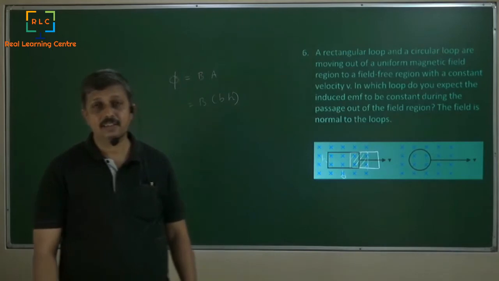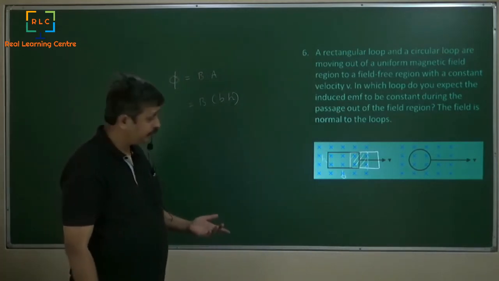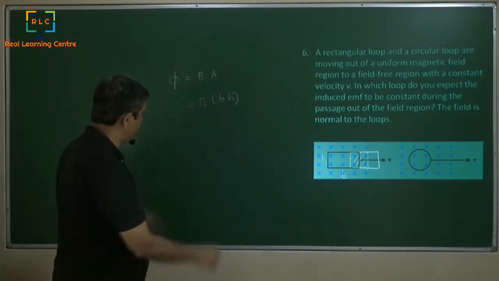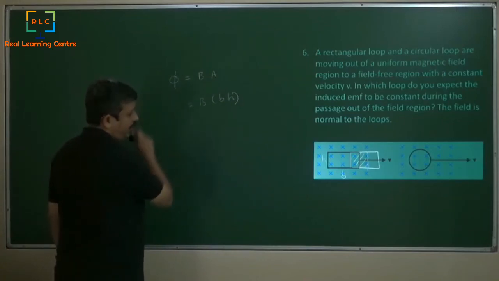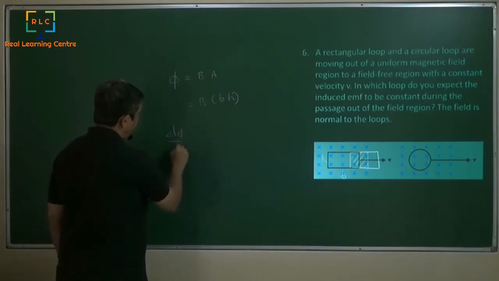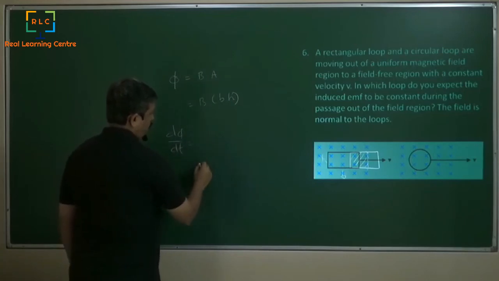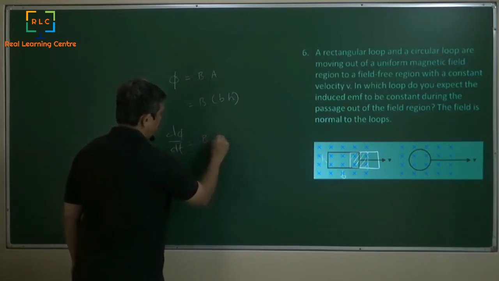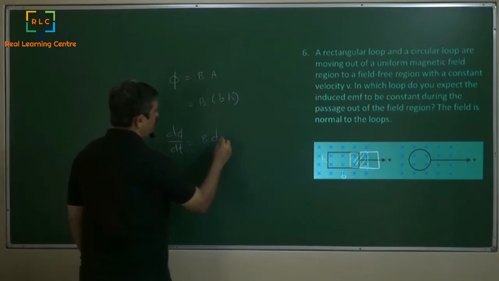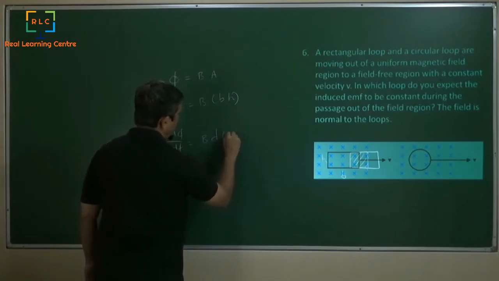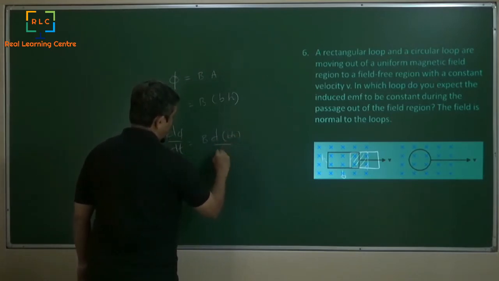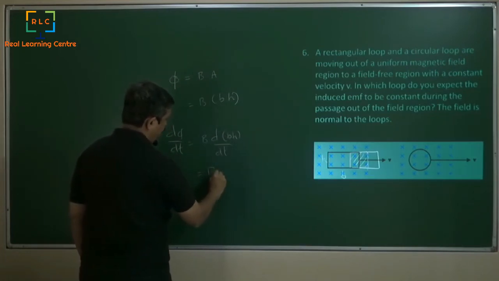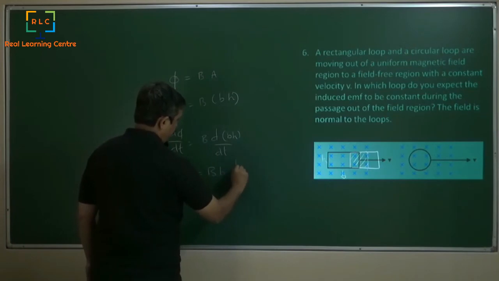That means it is nothing but the area. How much area is changing? Let us see. The area, this is phi. d phi by dt is equal to, b is not changing. So d of the area, that is d of bh by dt, which is h into db by dt.